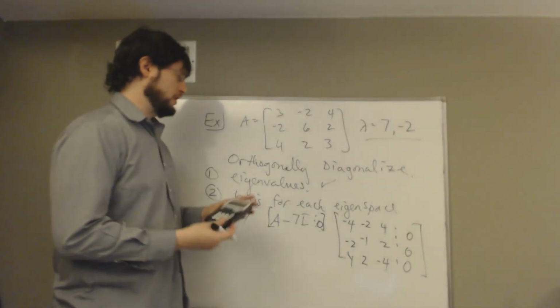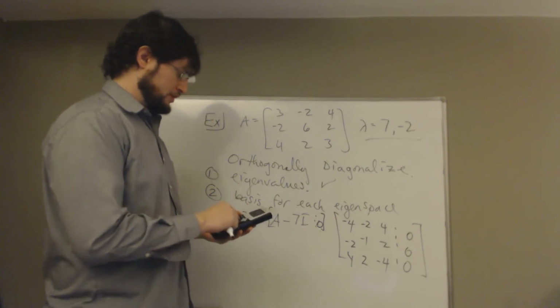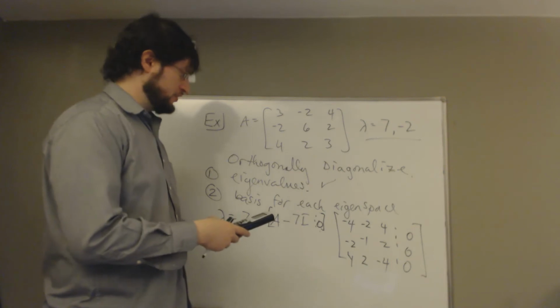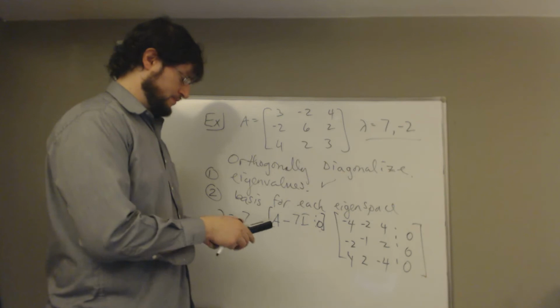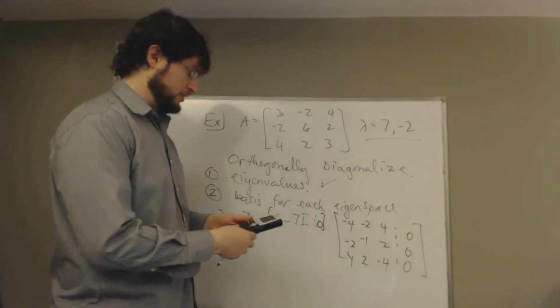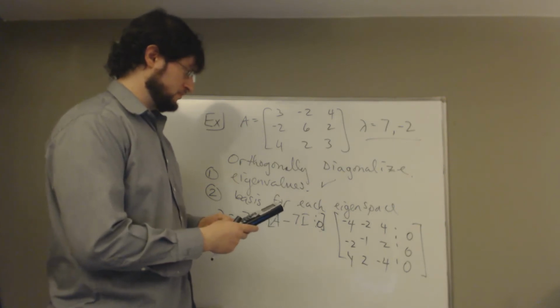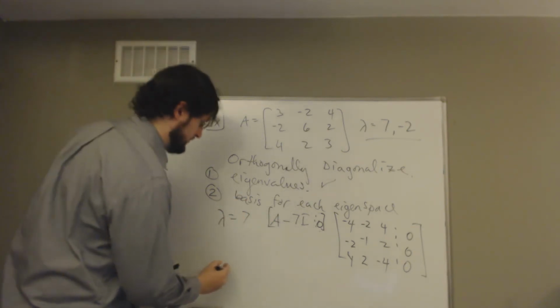And we'll row reduce this matrix. We should be able to actually see what happens right here already, but feel free to use your calculators to make sure that you like what you get and you're happy with it. So I'm just going to row reduce this on my calculator. And this is what I get.